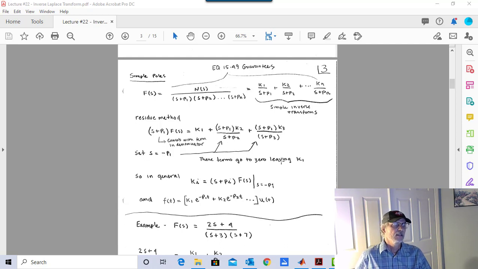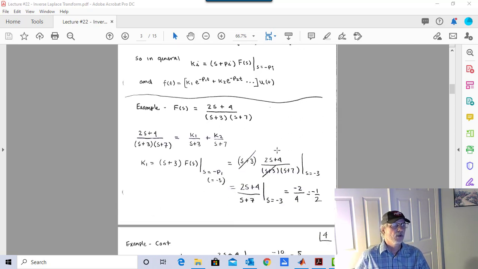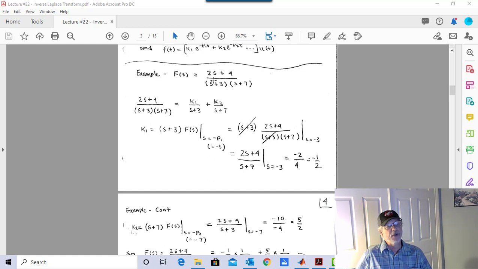So let's do an example. Our f of s is equal to 2s plus 4. We'll trust that it came from a circuit problem, so I'm just going to trust the numerator to be a good numerator, and it is. So what we'll do, let's get K1 first.